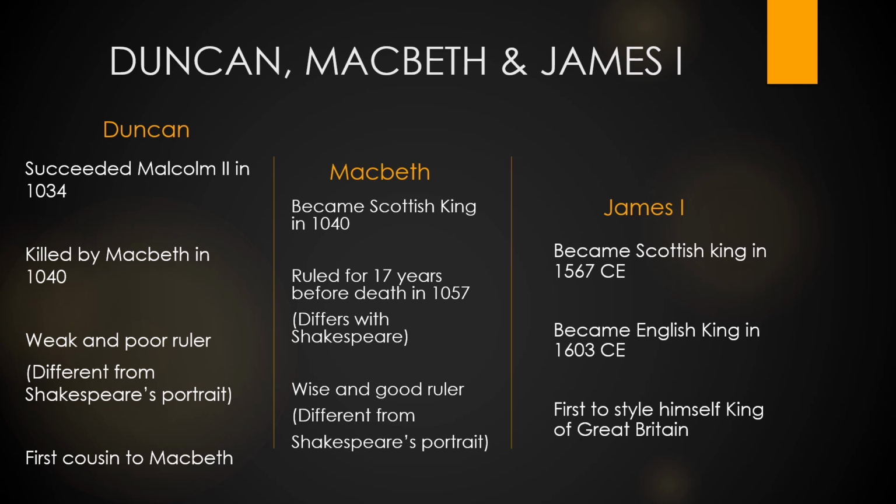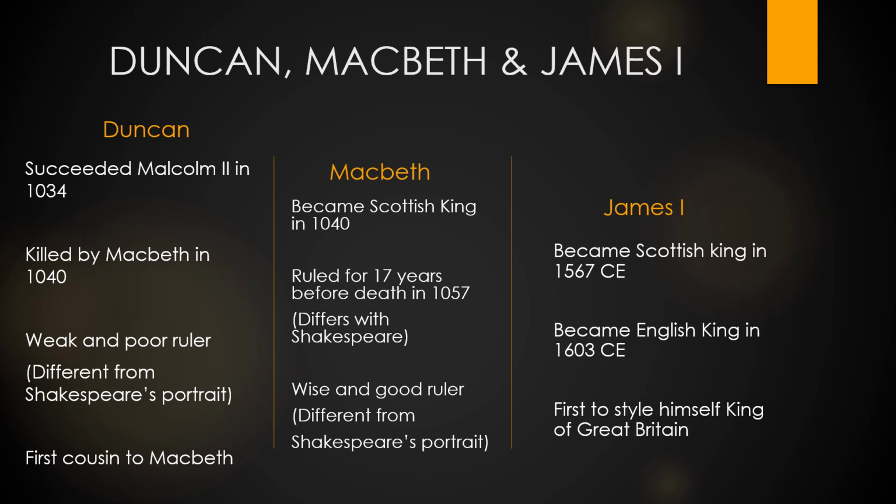All right. And what perhaps prompted Shakespeare to write this play was because James I actually claimed descent from Banquo. We'll come to that in the next slide. But before that, we find there are certain differences between Shakespeare's Duncan and the historical Duncan, Shakespeare's Macbeth and historical Macbeth.